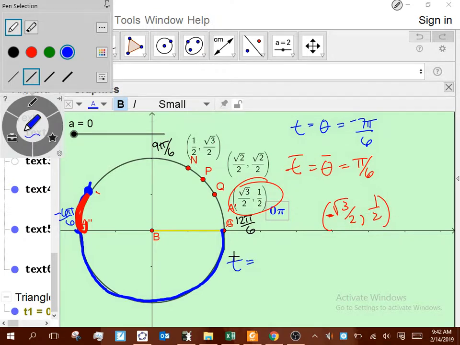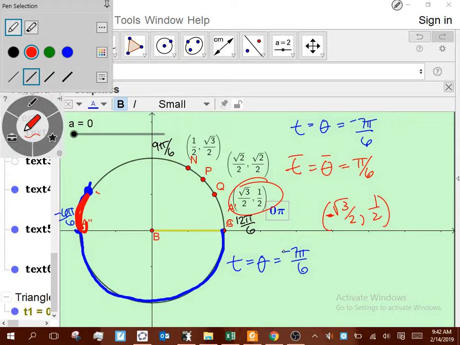If I know t or theta is -7 pi over 6, is that the same thing as, or would I get back to the same spot if I added 2 pi to that? So think about going -7 pi over 6.